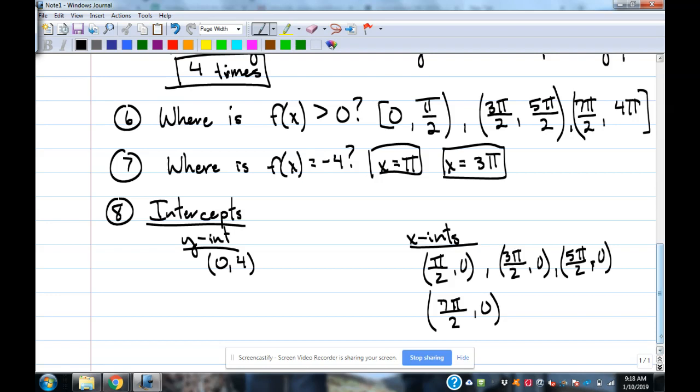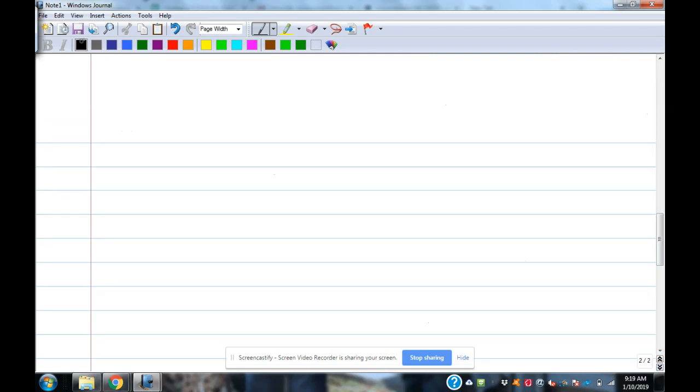Let's talk about a couple more intervals for this particular graph. Intervals of increase. And then number 10, we'll do intervals of decrease.